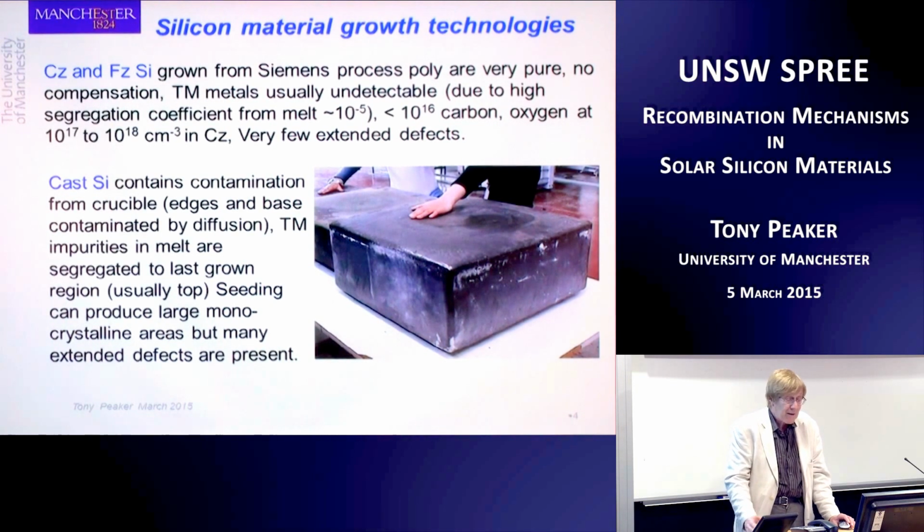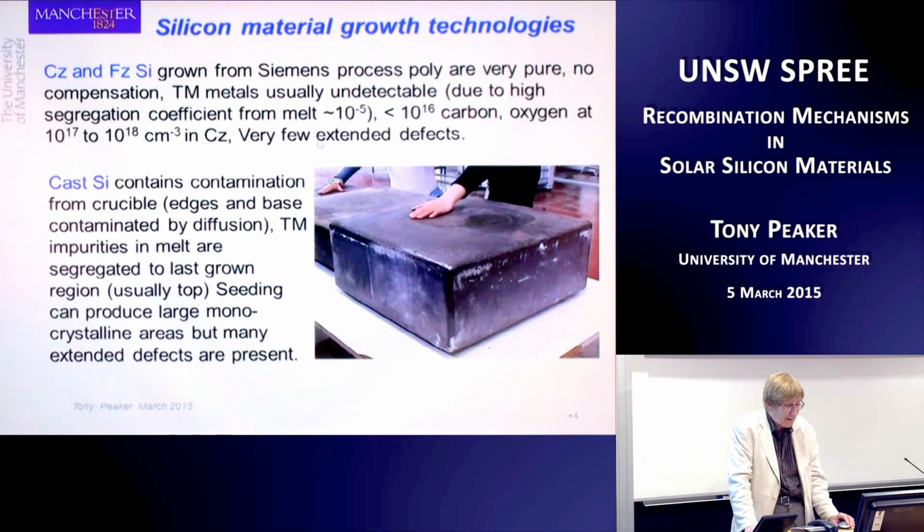So you typically have less than 10 to the 16 carbon. In Czochralski, you incorporate oxygen from the crucible, so you're looking at 10 to the 17, 10 to the 18 oxygen. And this is significant in p-type because of this annoying boron-oxygen reaction, which reduces the efficiency by about 10% during the life of the cell.